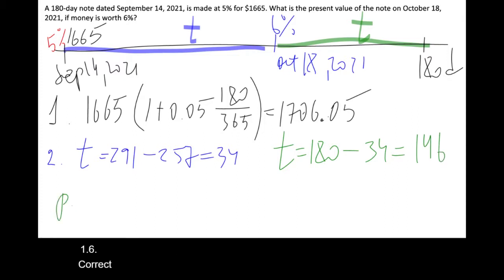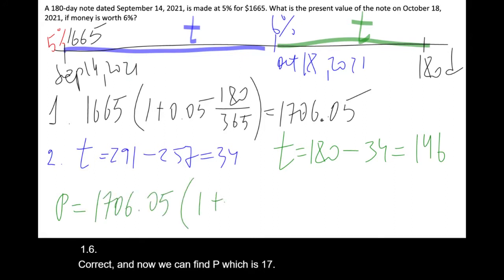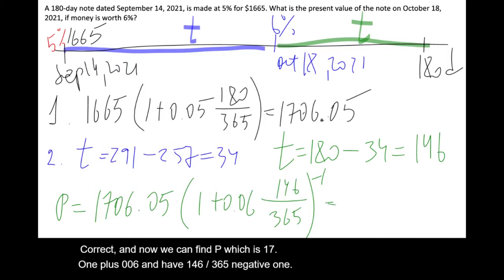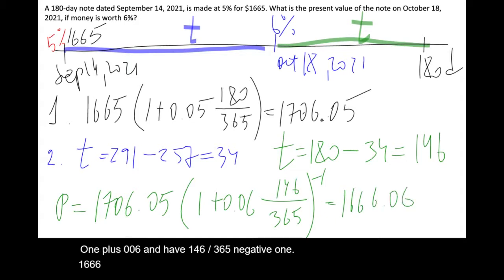And now we can find P, which is 1706.05 times (1 plus 0.06) to the power of 146 over 365 negative 1. 1666.06. Questions?